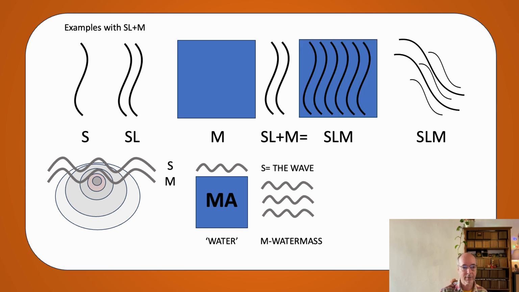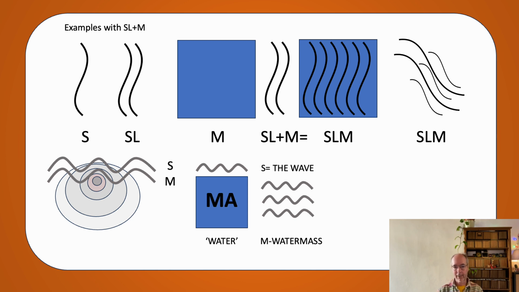So if you have S plus L, we know already we have SL, plus M is SLEM. I have the blue with the different waves in it. So it's completely filled in with vibrations, let's say. But the SLIM is actually in reality a combination of the waves and the hanging together of forms.